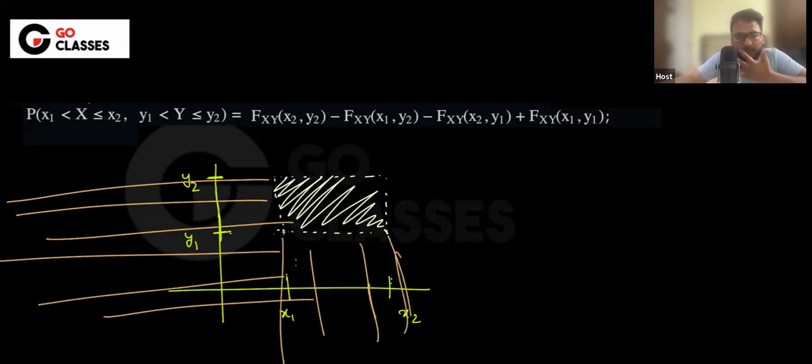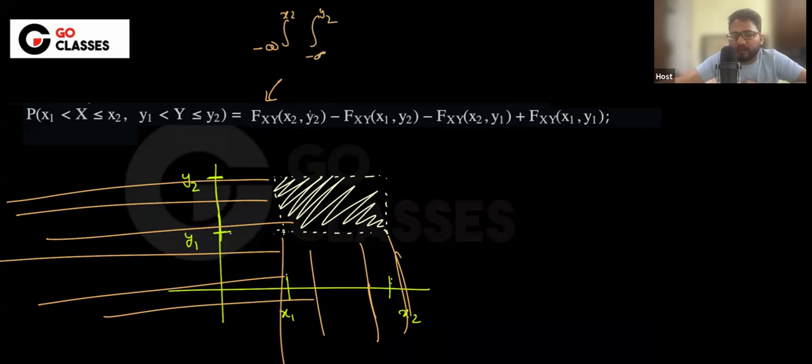This is the whole region. The first thing is the extreme points, the upper limits, x2 and y2.